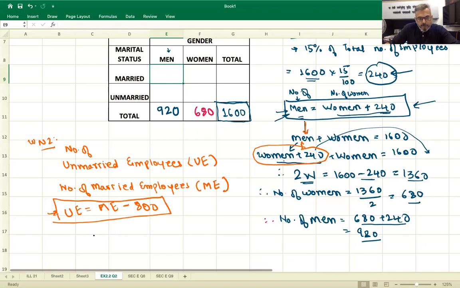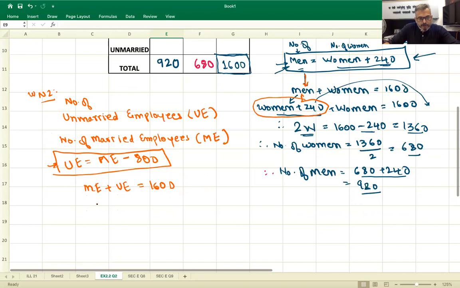Now we all know that married employees plus unmarried employees is equal to 1600. So let's solve it. ME as it is plus unmarried employee's formula, married employee minus 800, is equal to 1600.